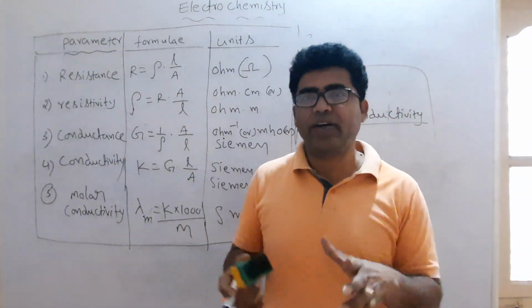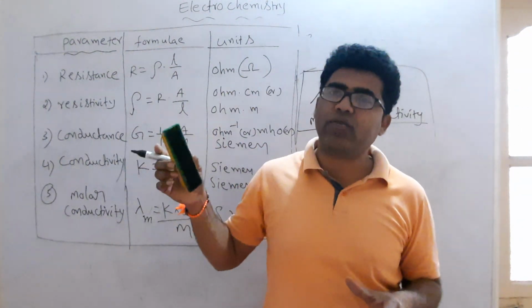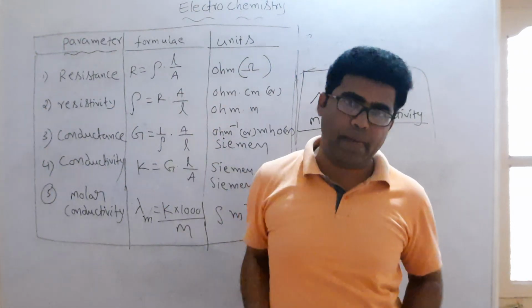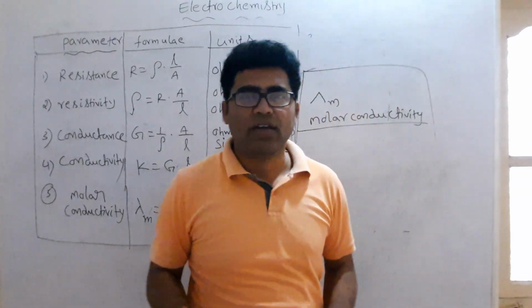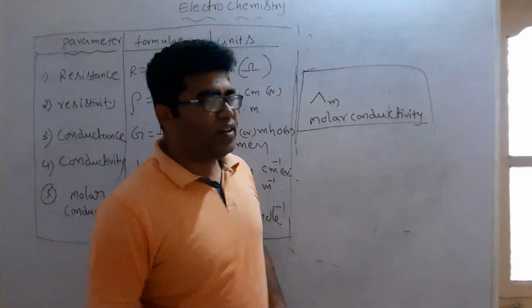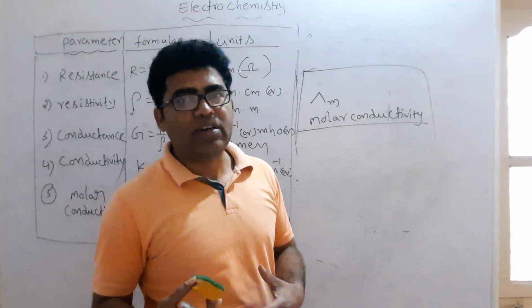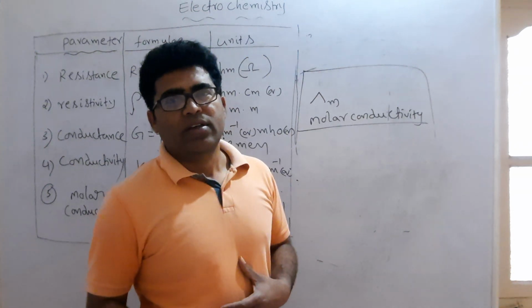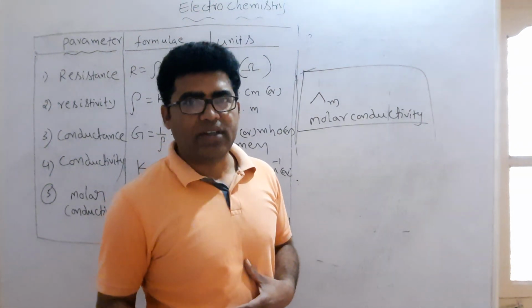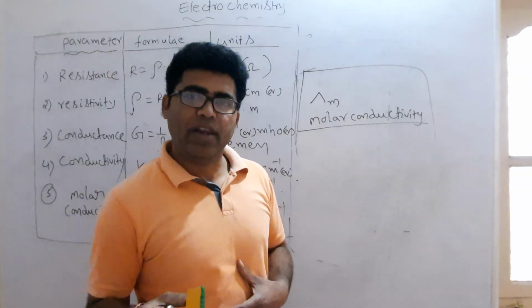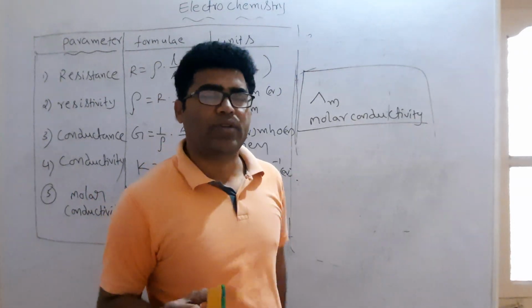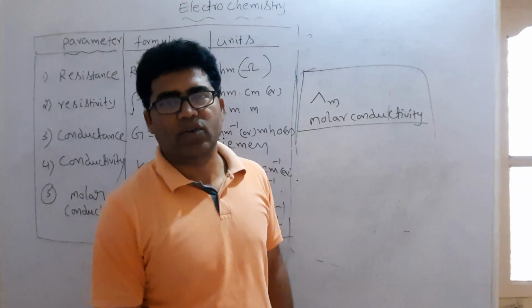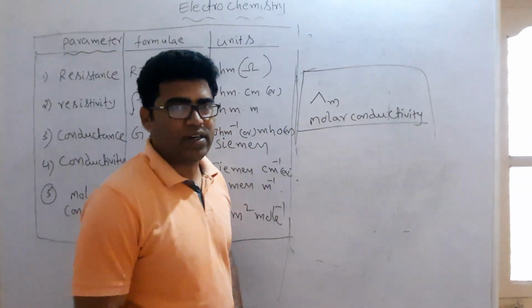Then the solvent quantity is very high, highly diluted. That is called infinite dilution. If the quantity of solvent is very high compared to the quantity of solute, then it is called infinite dilution.